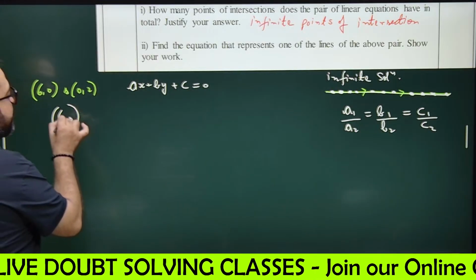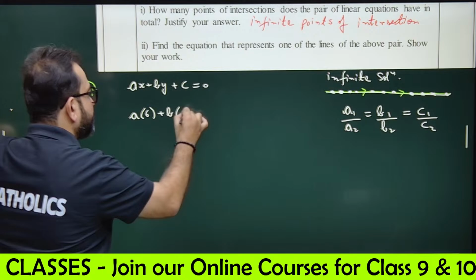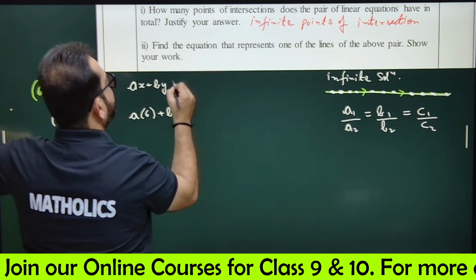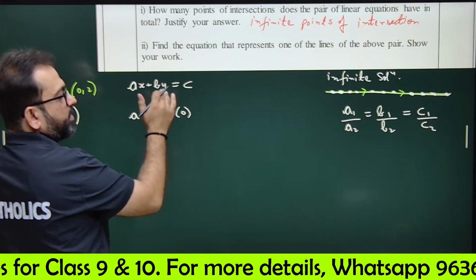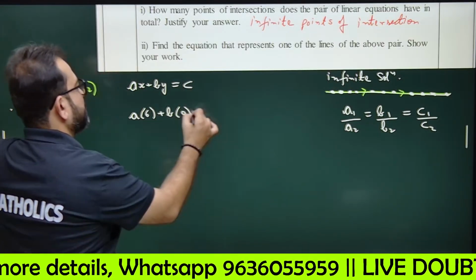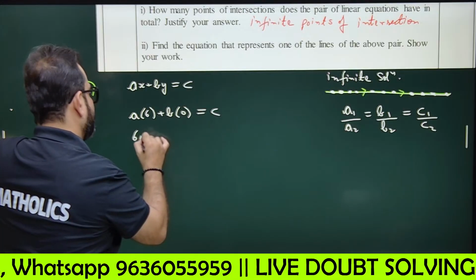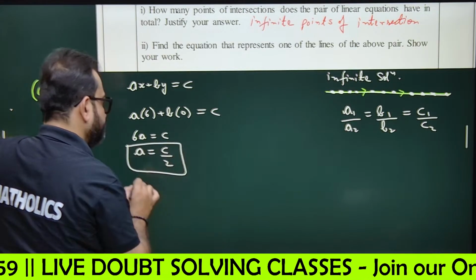Now, if you put the point (6, 0) into this, it will be a into 6 plus b into 0 equal to c. ax + by = c. You can also do plus c, but this will be somewhat easier. So 6a is equal to c, so a is equal to c by 6. Yes or no?